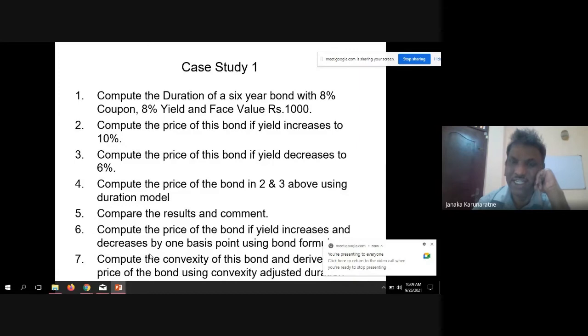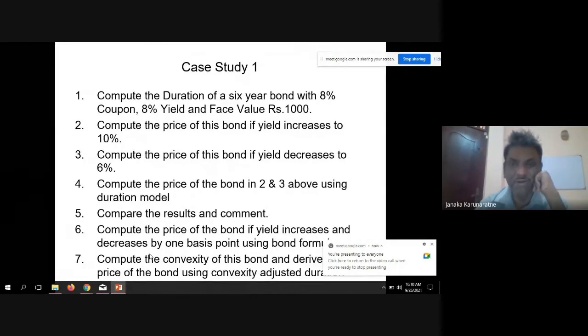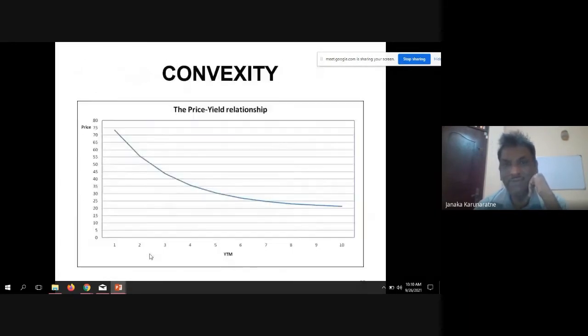If you were in the lecture, how do you compute the duration? Top part and bottom part. Can someone tell? This is not magic because we discussed all this time.